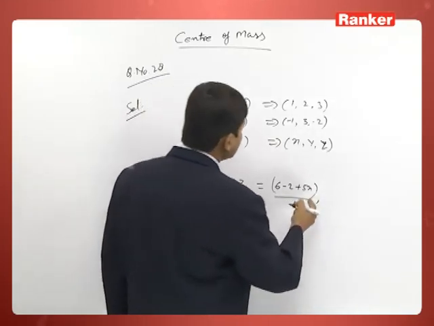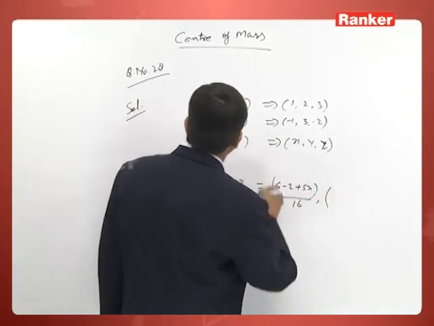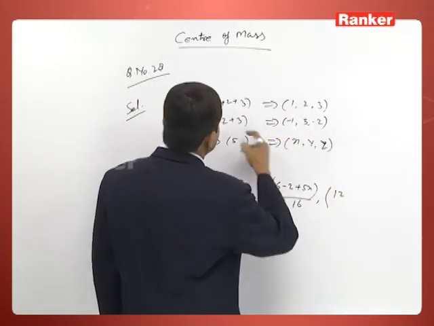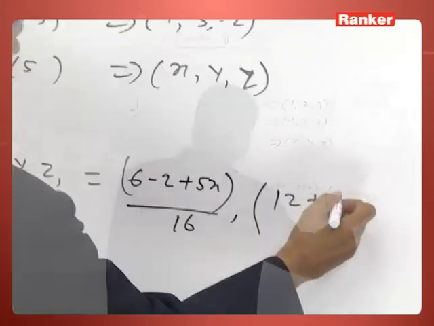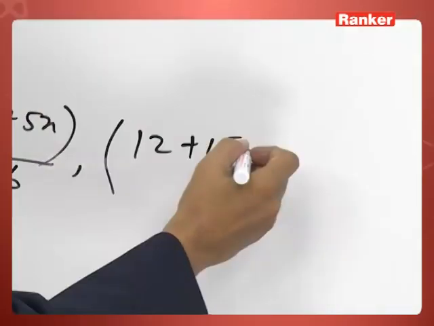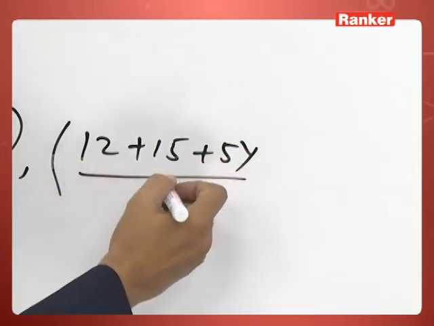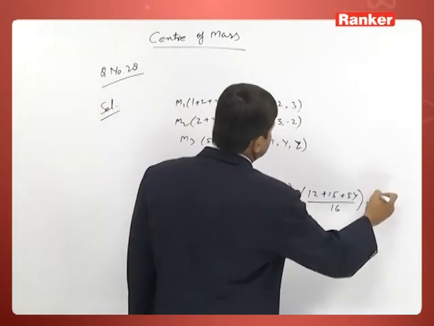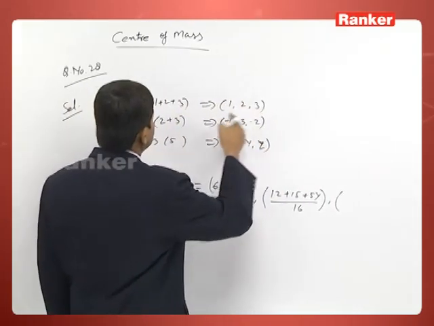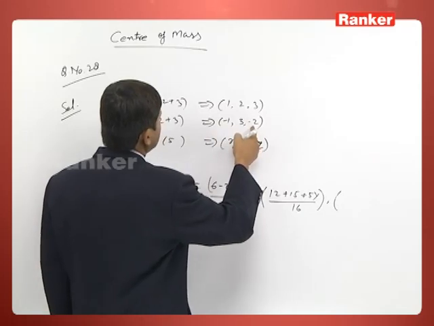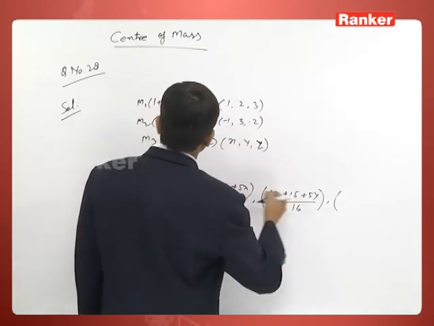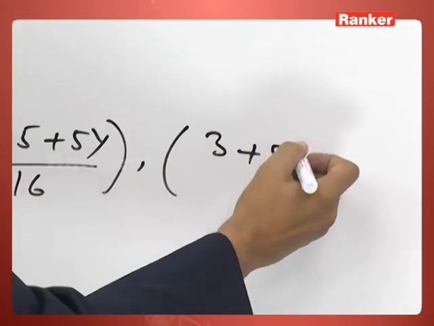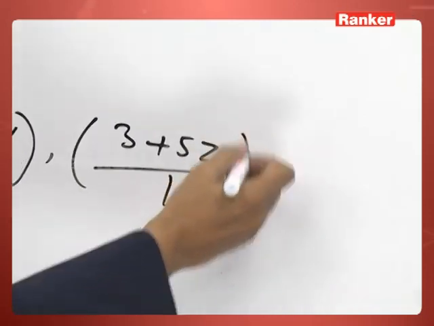Similarly, the y coordinate: 6 into 2, 12. 5 into 3, 15. 5 into y, 5y, by 16. And the third one is z. 3 into 3, 9. 2 into -2, -4 — so 6 minus... 3 and 5 into z, 5z. So 3 plus 5z by 16.